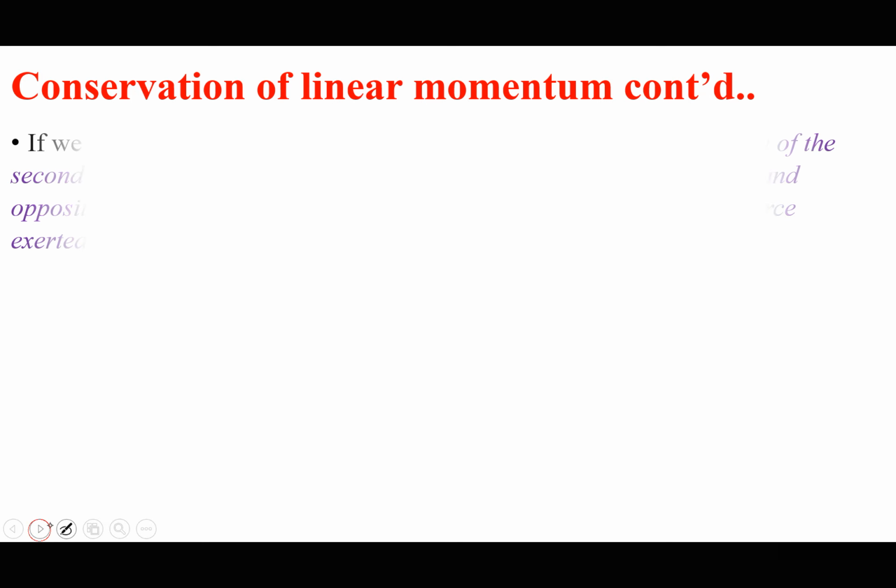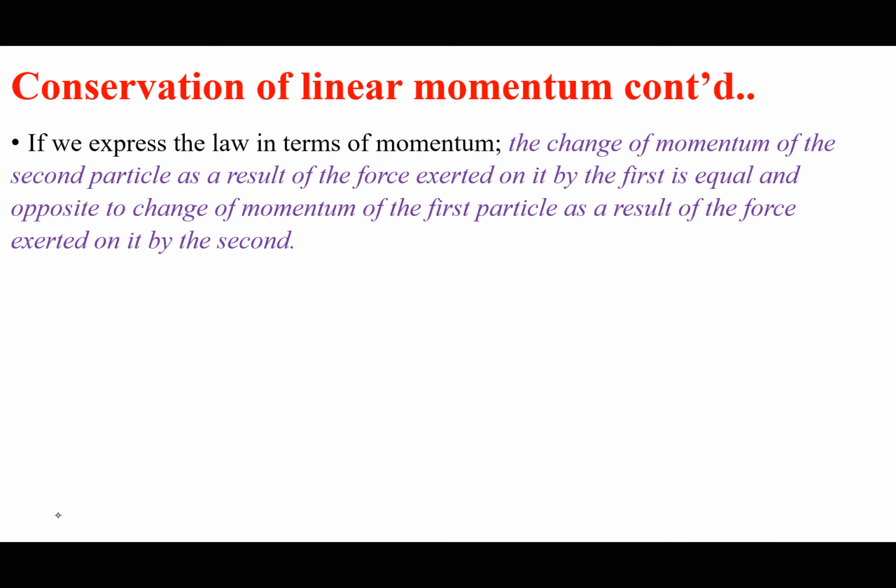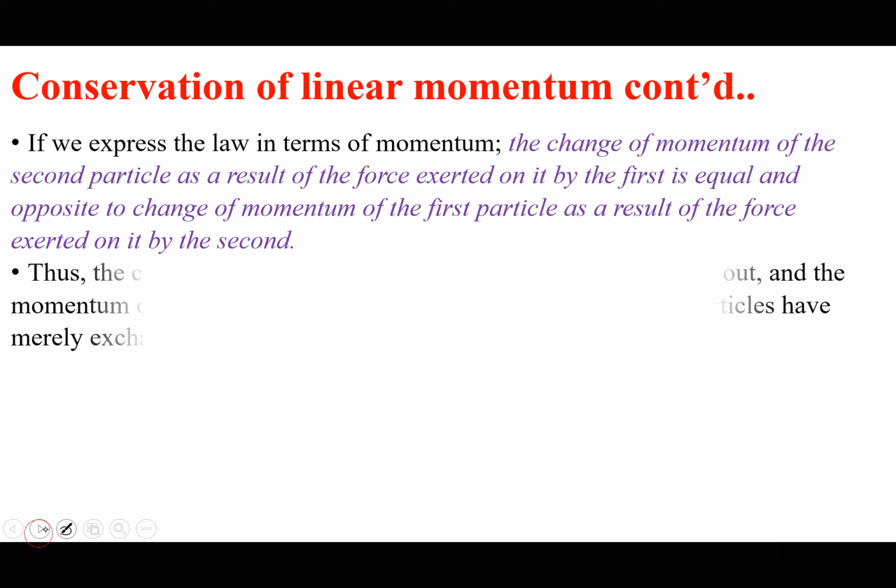If we express the law in terms of momentum, the change of momentum of the second particle as a result of the force exerted on it by the first is equal and opposite to the change of momentum of the first particle as a result of the force exerted on it by the second particle. That was Newton's third law expressed in terms of particles.